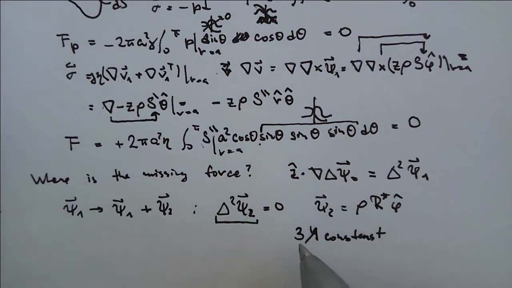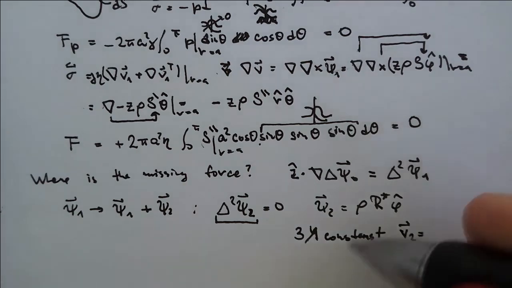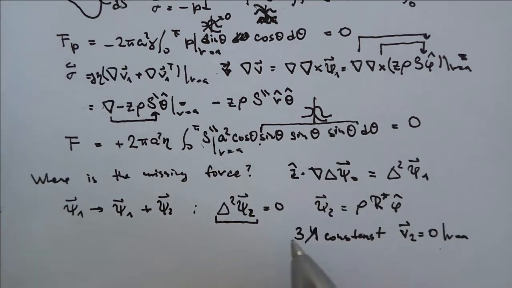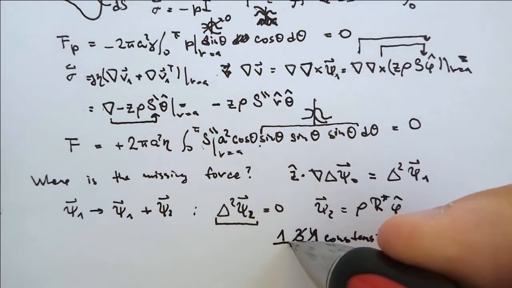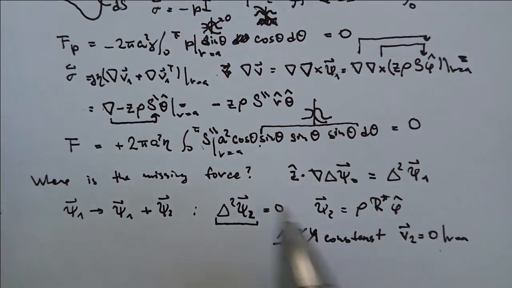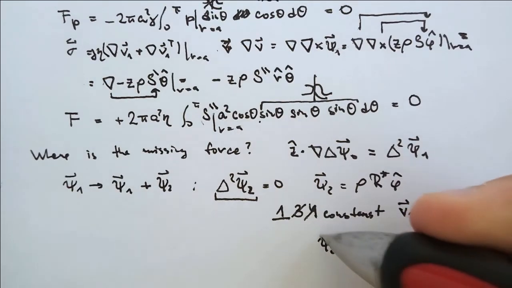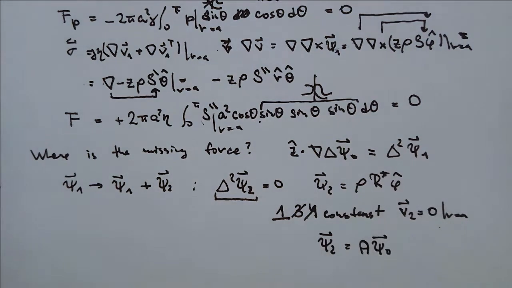It also has to satisfy the conditions that v is 0 at r equal to a. So this will erase another 2 constants, because r prime and r should be 0 at a. So there is just one constant left. That means psi 2 is directly proportional, with some constant a, to the Stokes solution.